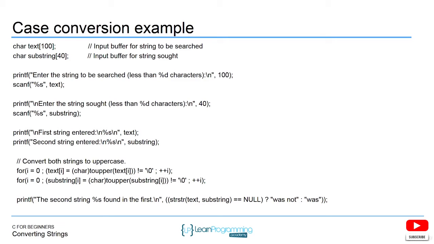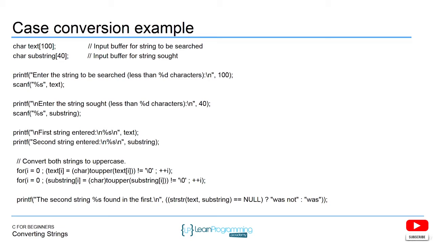We ask the user to enter a string to be searched, less than 100 characters. We get that, we store it in text, and then we enter the string that they want to find, so then the substring. So they enter some other substring. We then print the first string, and then we print the second string. We then convert both the strings to uppercase.